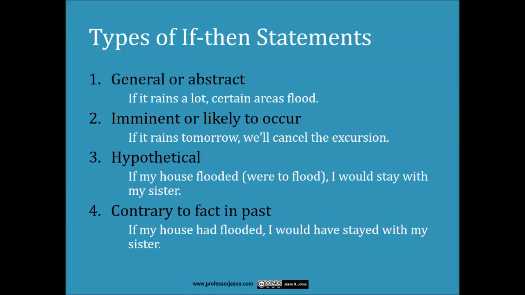And then a fourth kind is similar to number 3, but it has to do with contrary to fact conditions in the past, right? Things that didn't happen. If my house had flooded, but it didn't, I would have stayed with my sister. So we'll be looking at, in this section, examples involving each of those 4 kinds of if statements.